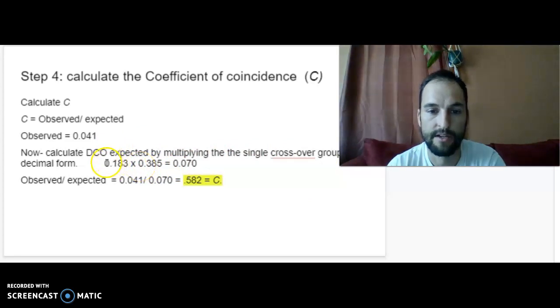So we had our single crossover group distances being 0.183 multiplied by 0.385. That gives us a product of 0.070. So that's our expected. So observed over expected, 0.041 divided by 0.070 equals 0.582, and that gives us our coefficient of coincidence, C.